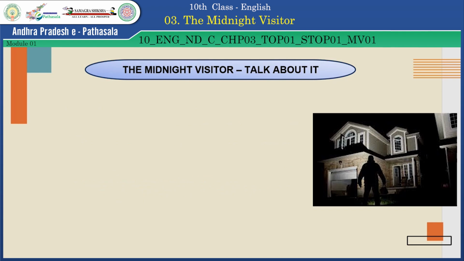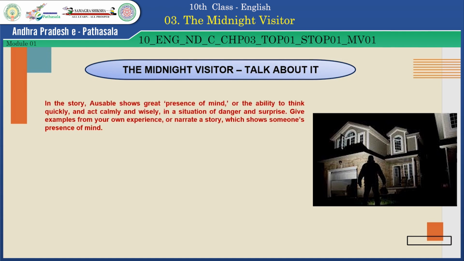In the story, Asabel shows great presence of mind, or the ability to think quickly and act calmly and wisely in a situation of danger and surprise. Give examples from your own experience or narrate a story which shows someone's presence of mind.